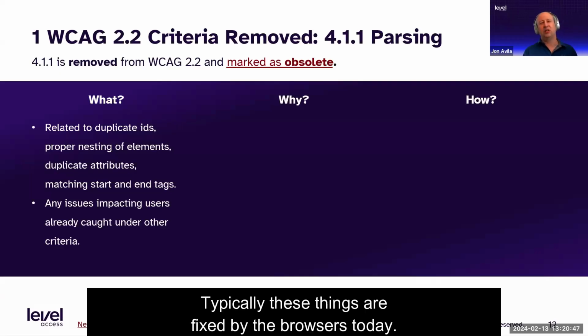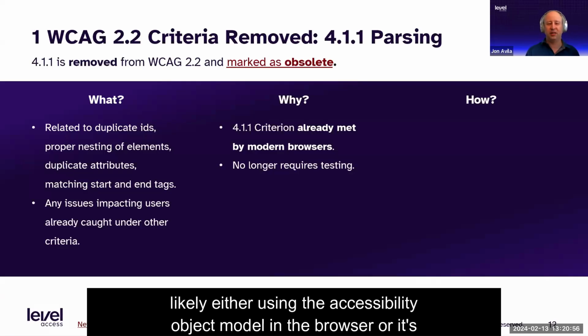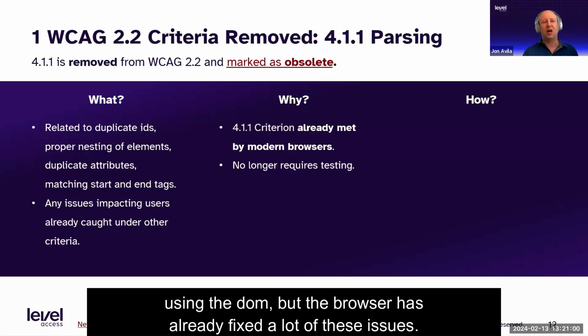Typically, these things are fixed by the browsers today. The way assistive technology works is the assistive technology is most likely either using the accessibility object model in the browser, or it's using the DOM, but the browser has already fixed a lot of these issues.